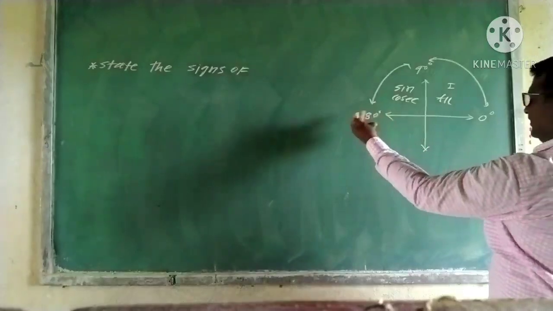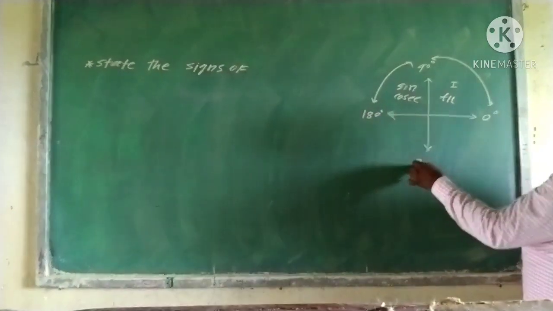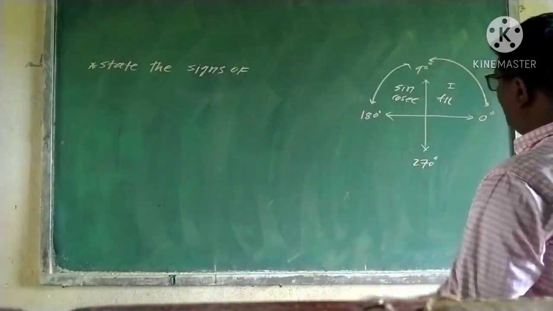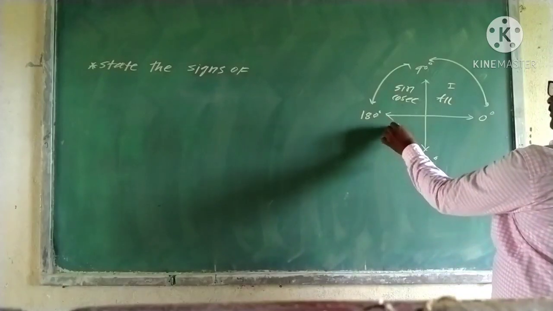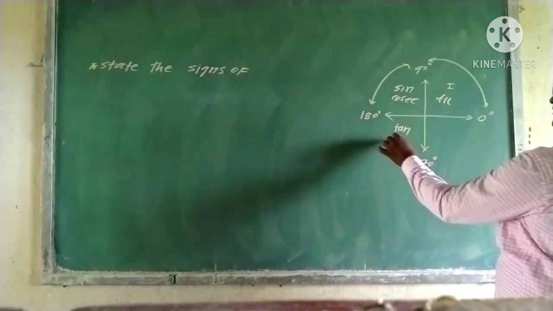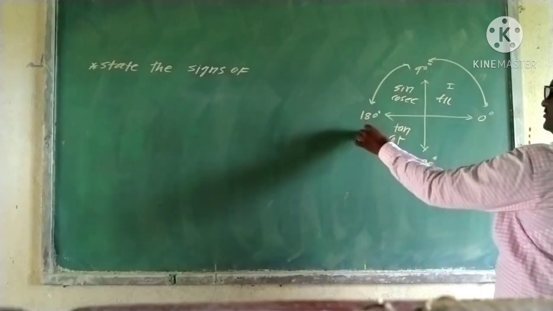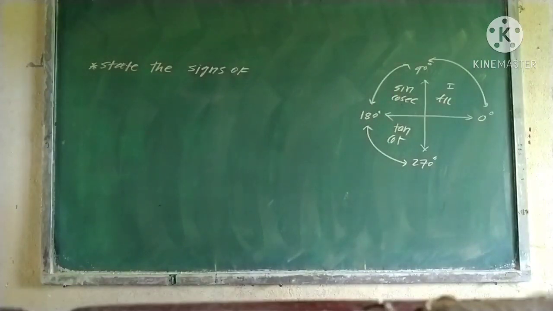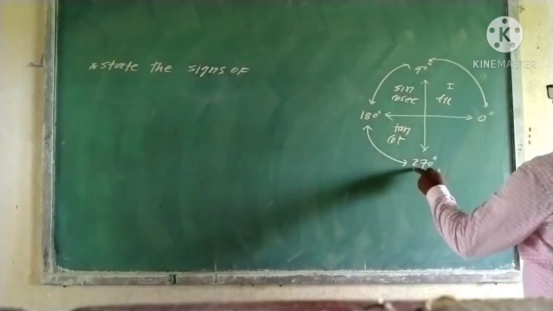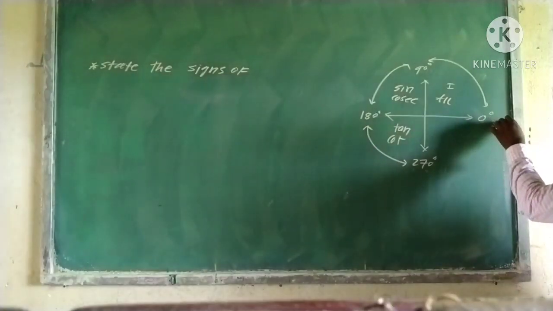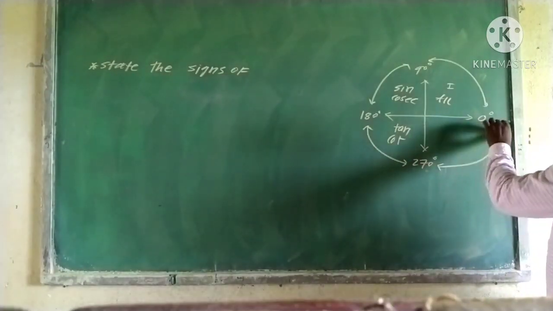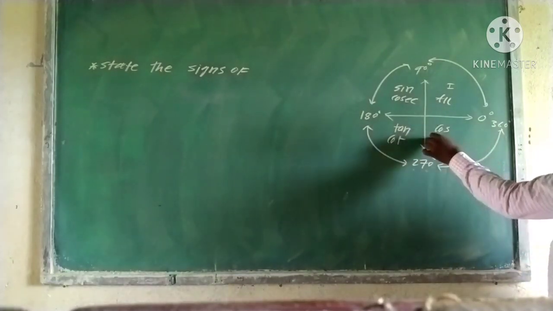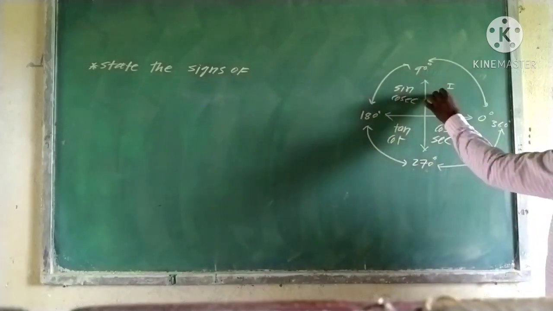The third quadrant starts from 180 to 270 degree, and in it only tan and its inverse, cot, are positive. The fourth quadrant goes from 270 degree to 360 degree, and in it cos and its inverse, sec, are positive.